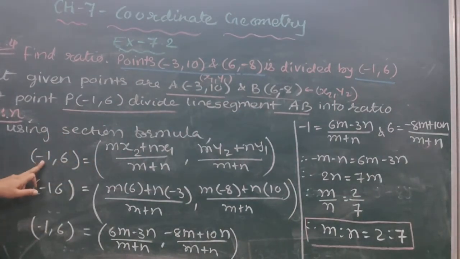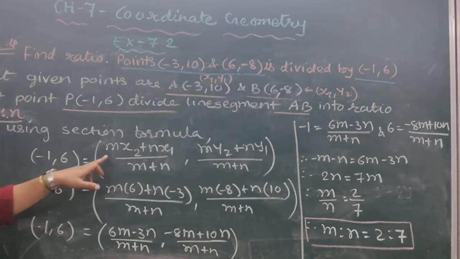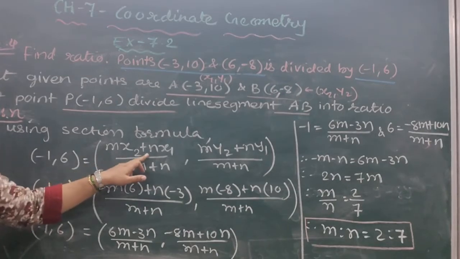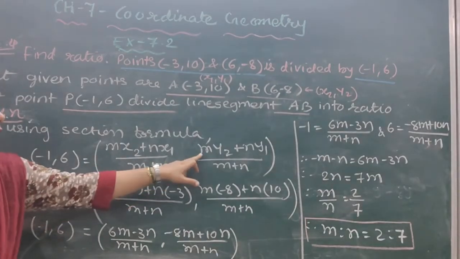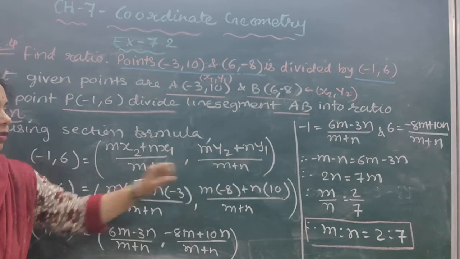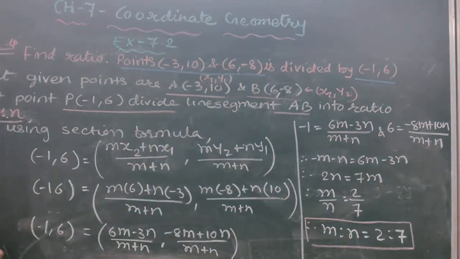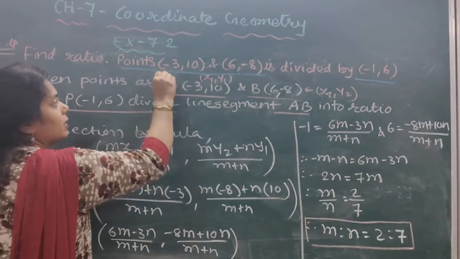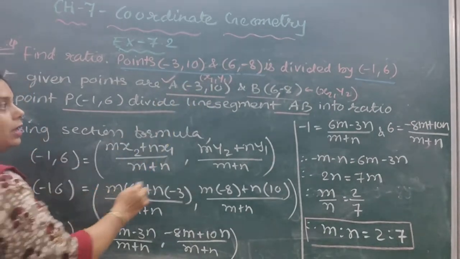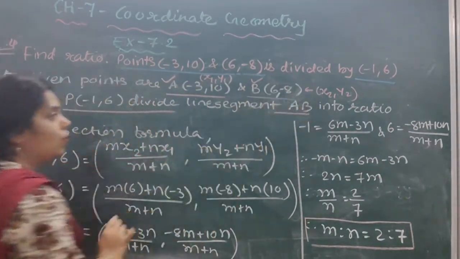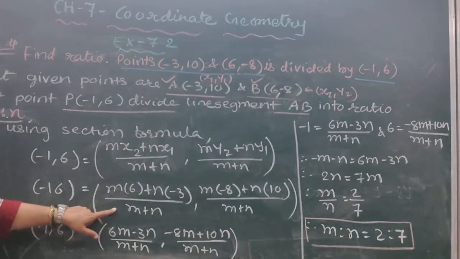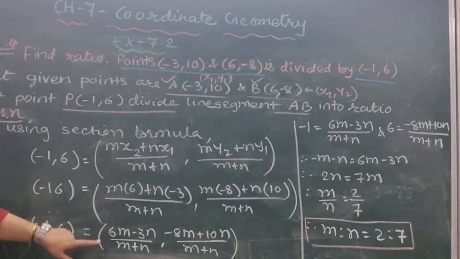As the coordinates of the point which divides the line segment are already given, we write minus 1, 6 is equal to the formula (mx2 plus nx1) by (m plus n), comma, (my2 plus ny1) by (m plus n). Now I have taken point A as x1, y1 and B as x2, y2, so substitute the values according to the assumption.